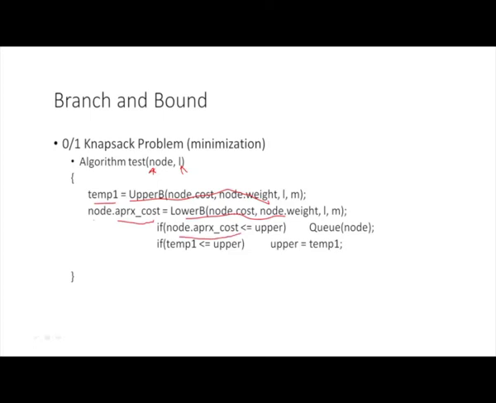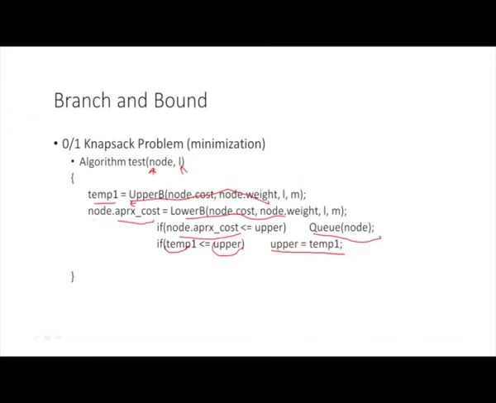If the approximate cost is less than or equal to upper, then we enqueue this node, add it to the queue. Similarly, temp1 stores the new upper bound, so if this new upper bound is less than or equal to the so-far upper bound, then we save this new bound into this variable upper. We'll see later how we use that.